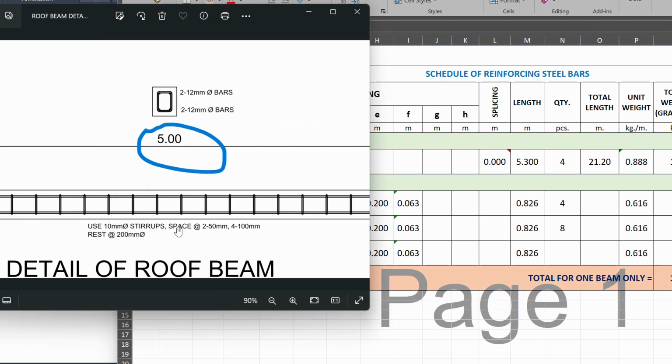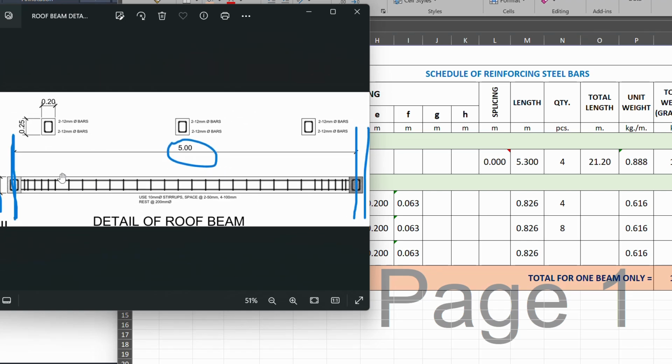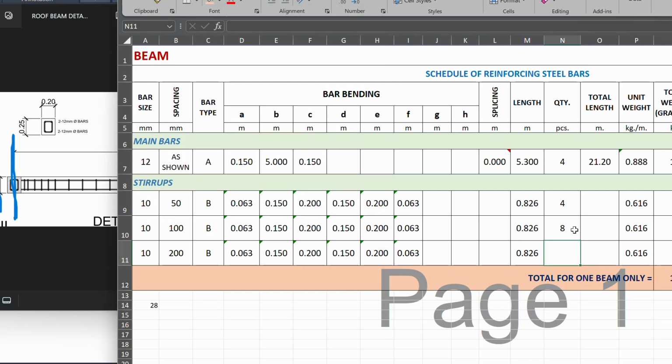So for the spacing of 200, how many do we need in this middle section, right? Usually this is how I estimate the beam: equals the 5 meters divided by 2. I will estimate the half of the beam, because the other half is just the same. So 5 divided by 2.